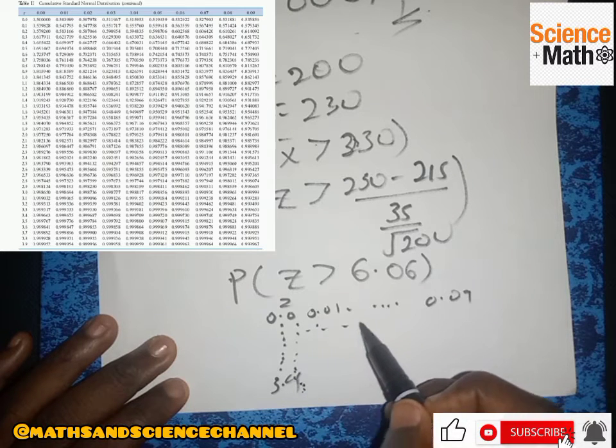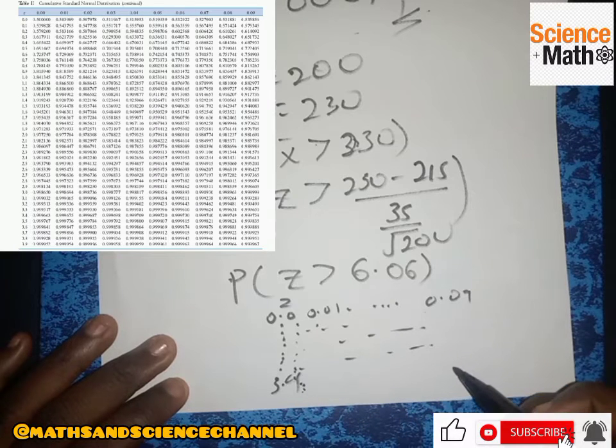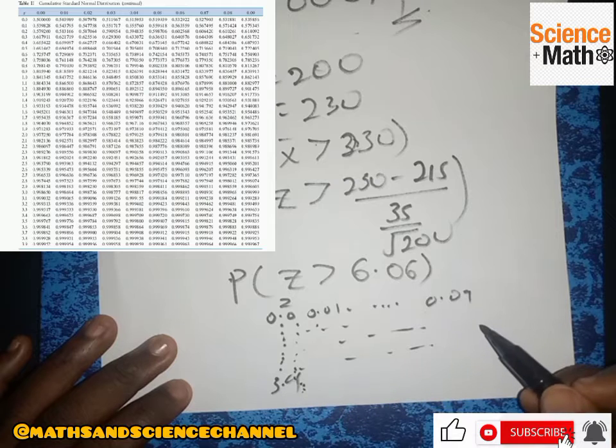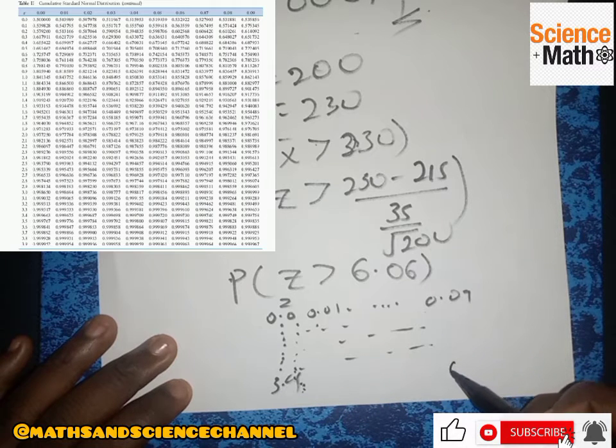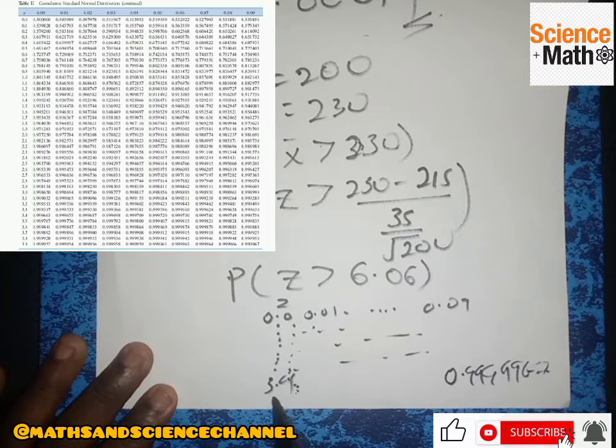But if you look at the last part, 3.9 by 0.09, you realize that we have something like 0.99996 something, right?